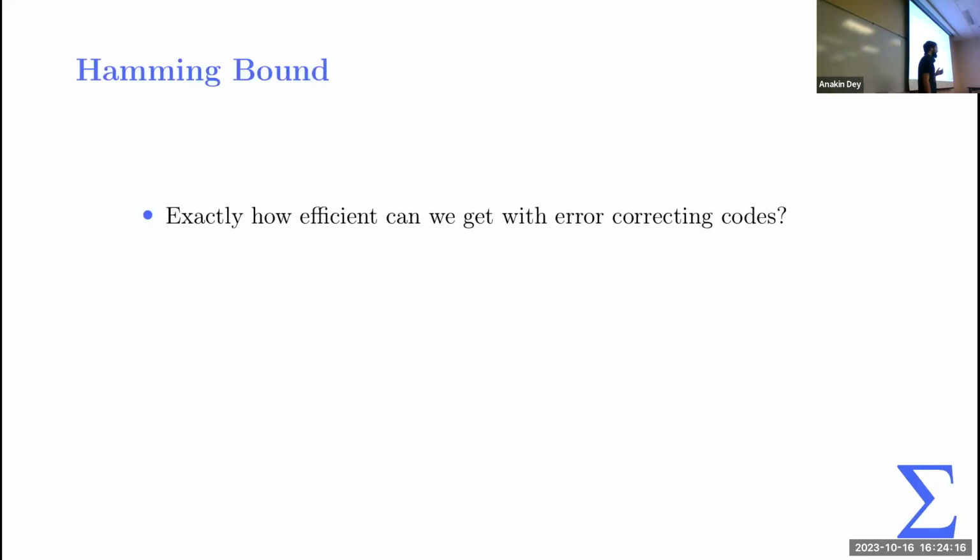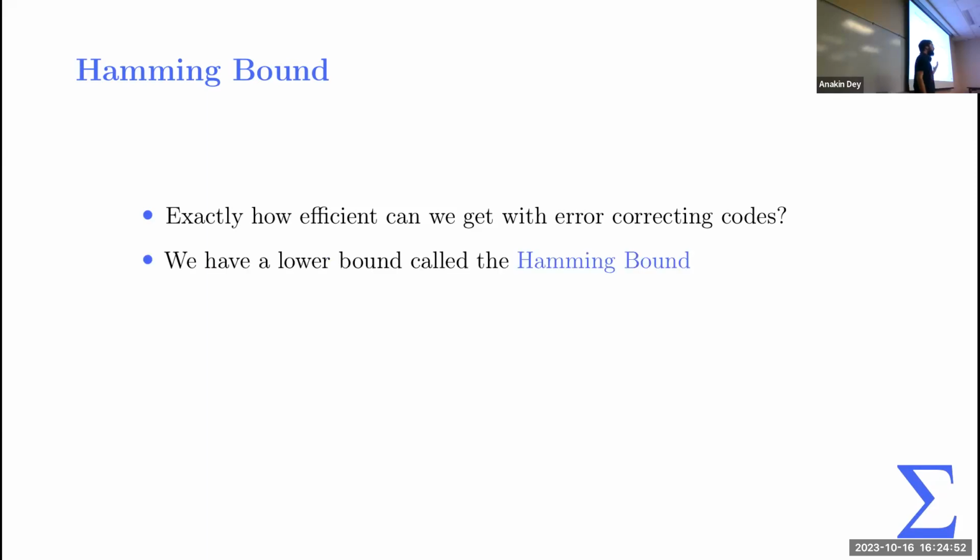So it's a metric of how efficient we can get with error correcting codes, because at some point, if you consider the space of all the possible messages that you can make with some length string, you're going to consider some of those correct and some of those incorrect. And the idea of an error correcting code is that it will cover all of the incorrect strings around your correct string, so that if you do get an incorrect string, you can somehow retrieve it and walk back to your correct string.